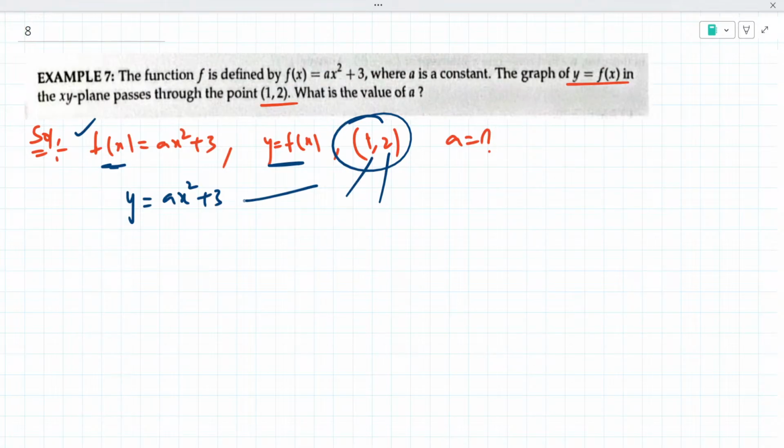If you substitute that point here, you can get the value of a. That's simple. Rest everything is same. Hope you got it. So 2 equals a plus 3, a equals -1.